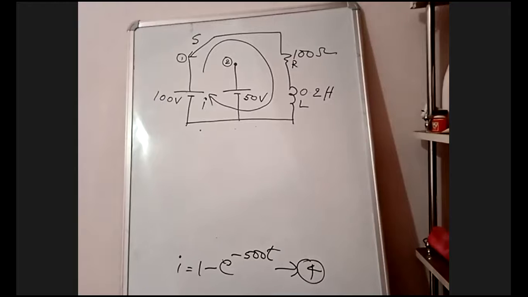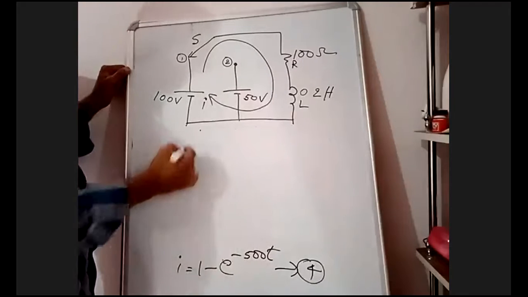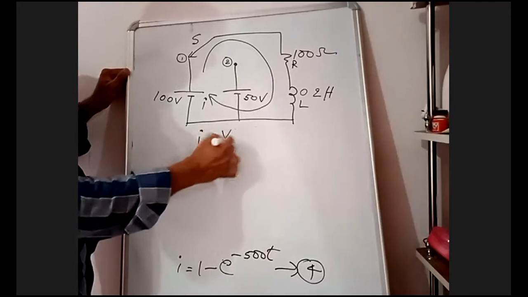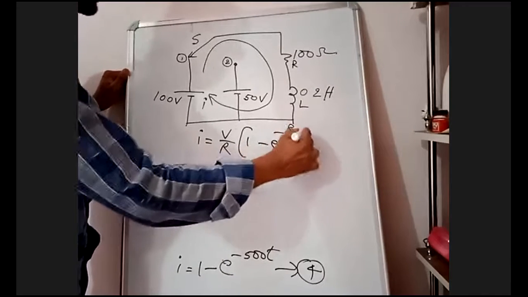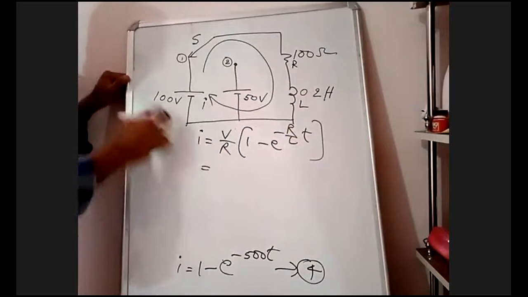See, we can also get this directly without doing all these steps. I is equal to V by R into 1 minus e power minus R by L into T for an RL circuit. What is V?